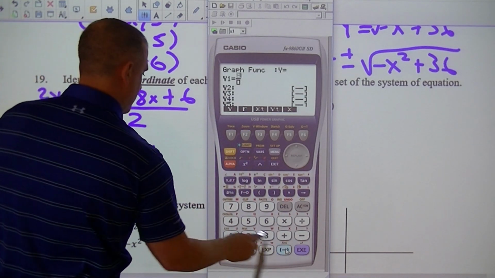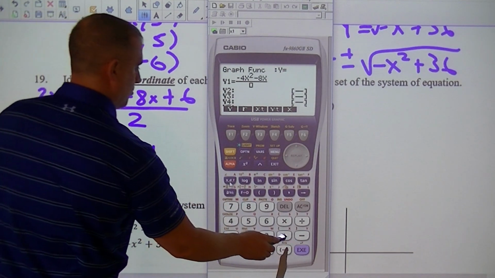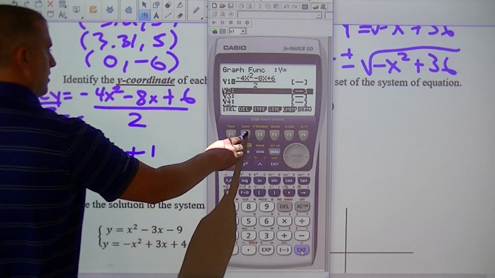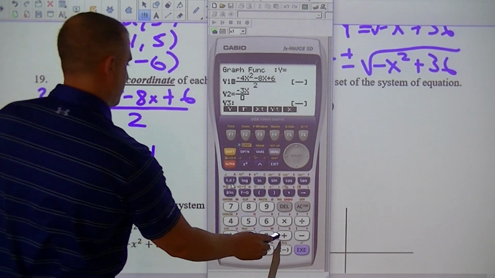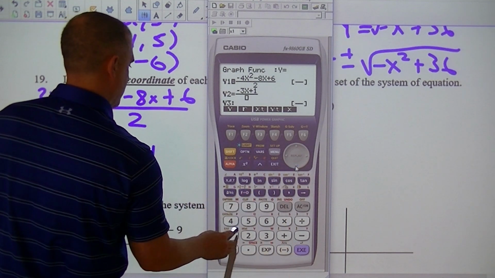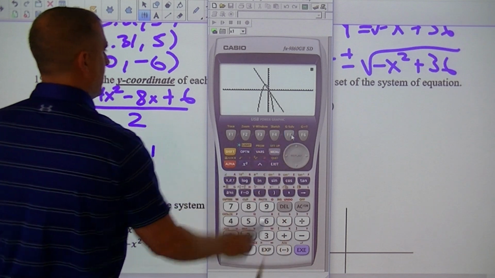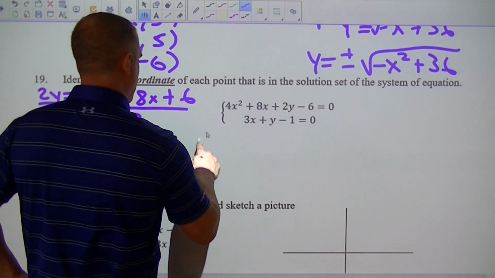negative 4x squared minus 8x plus 6 all over 2. And fraction button, negative 3x plus 1 all over 1. Draw. All right, G solve intersect. I get negative 1.28 and 4.84.